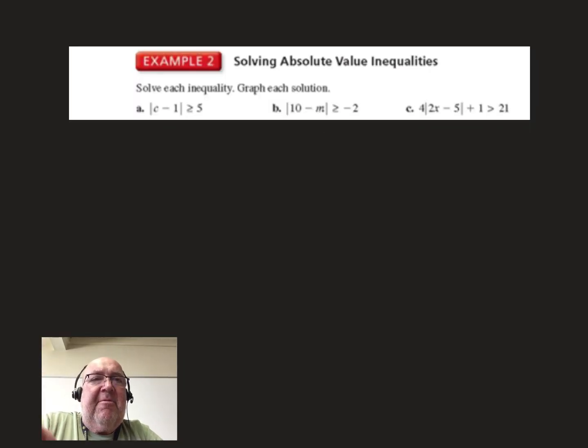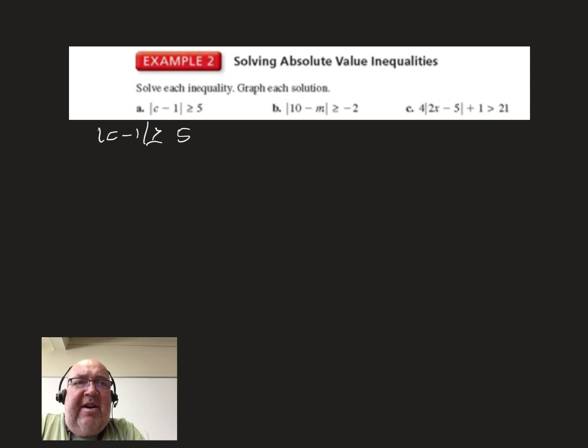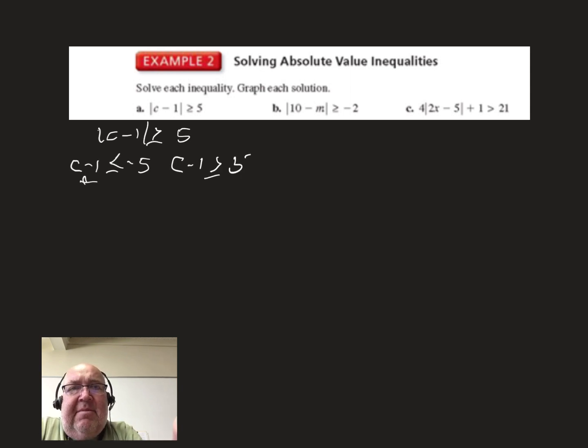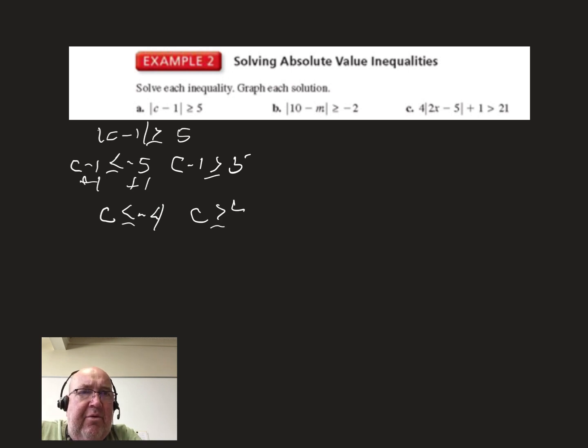We got 3 here. So we're going to go C minus 1 is greater than or equal to 5. We're going to C minus 1 is less than or equal to negative 5. Add 1 to both sides. C is less than or equal to negative 4, and C is greater than or equal to 4.